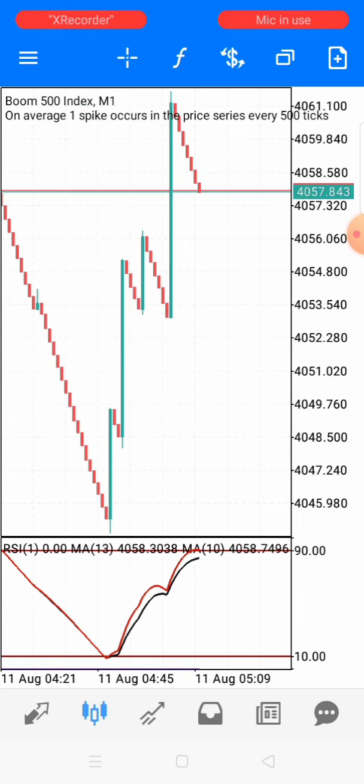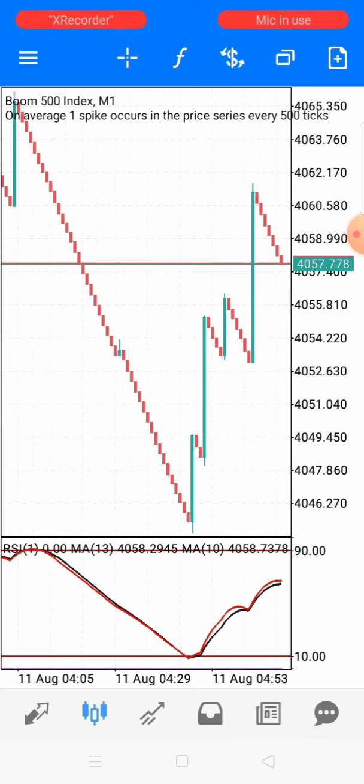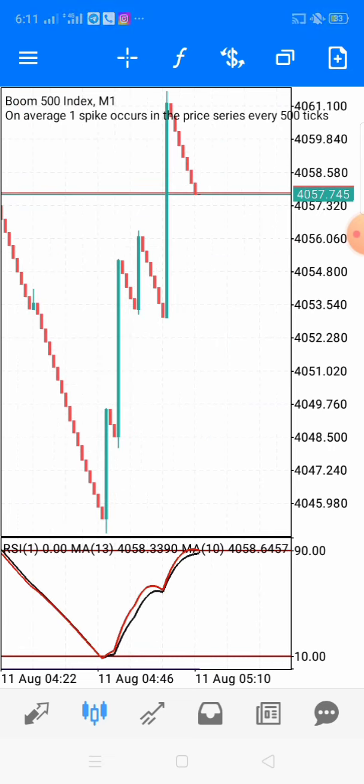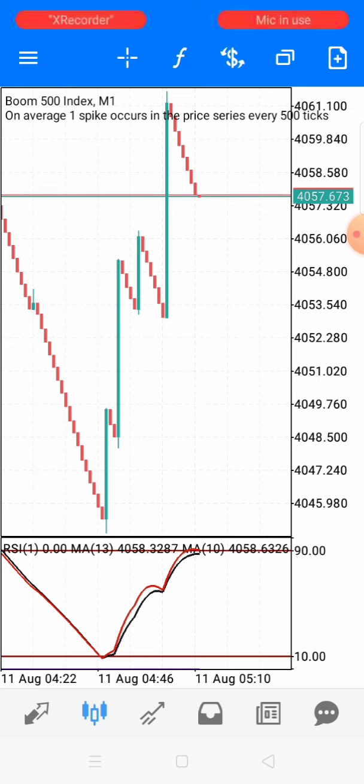When you get your entry and you're sure of what you're doing, you now apply the indicator settings. That's why I always preach about price action. I use price action to trade. After that, you apply your indicator. Of course, indicators work, but you don't depend 100% on indicators.